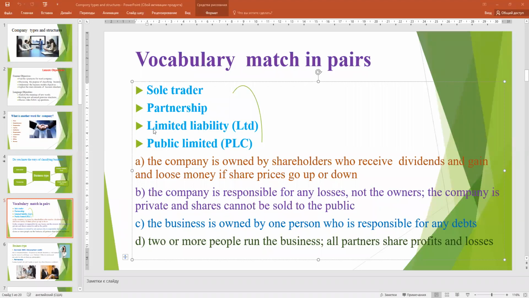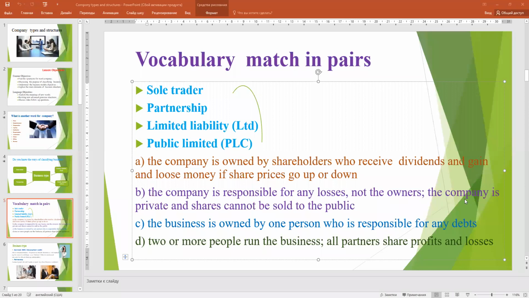And what about limited liability and the public limited? What are they? Limited liability is B, I think. The company is responsible for any loss. It's limited. So with limited liability, the company is responsible for any losses, not the owners.